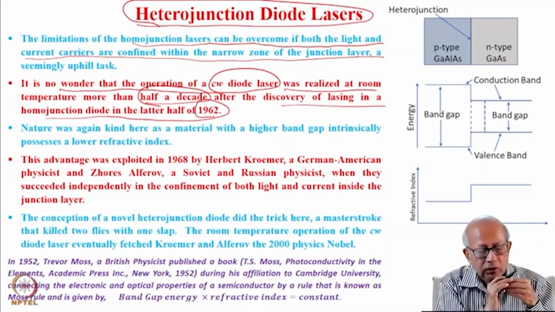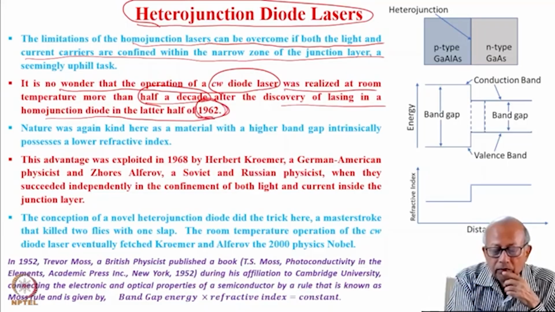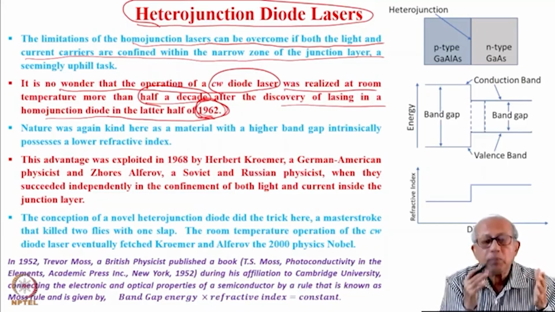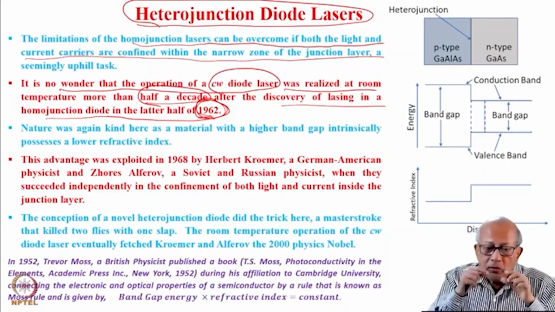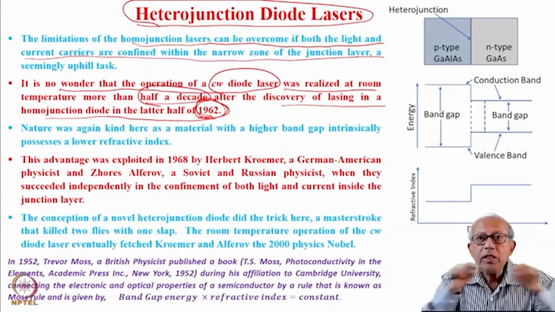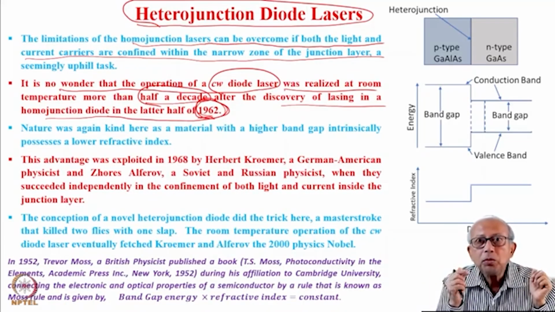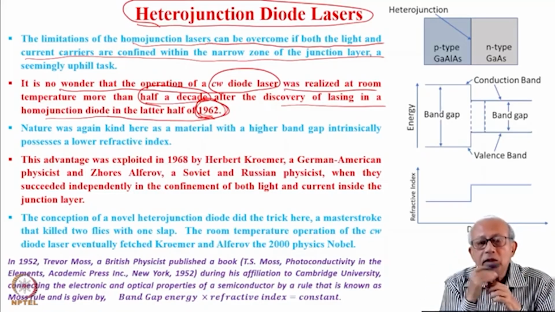Homojunction diode laser was invented sometime at the later part of 1962, and although everything was known, the problem is also well known, to confine them within the vicinity of that PN junction to reduce the threshold current required for lasing was very, very challenging.